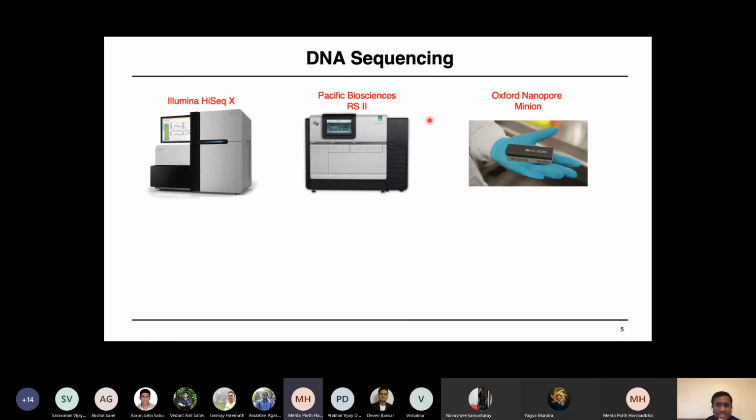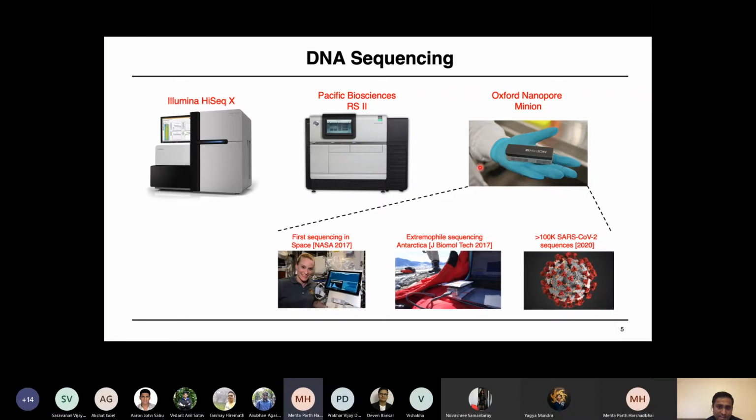Now, modern DNA sequencers come in a variety of sizes and forms. For example, you can have these rack-size sequencers from Illumina and Pacific Biosciences that can sequence several tens of human genomes per day. But you also have these Oxford Nanopore MinION-type handheld devices that take several days to sequence a single human genome, but are portable.